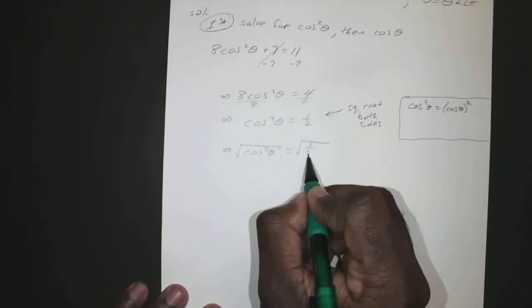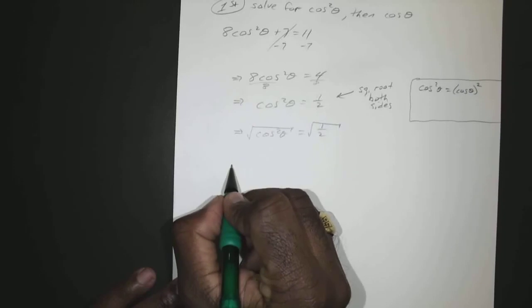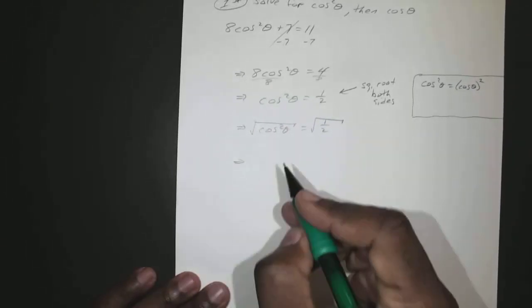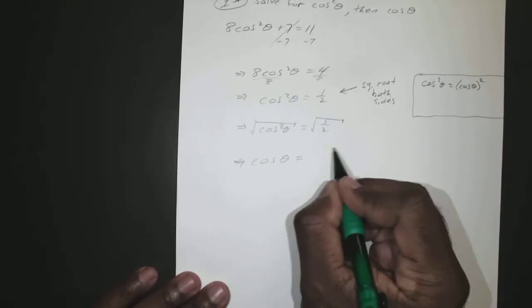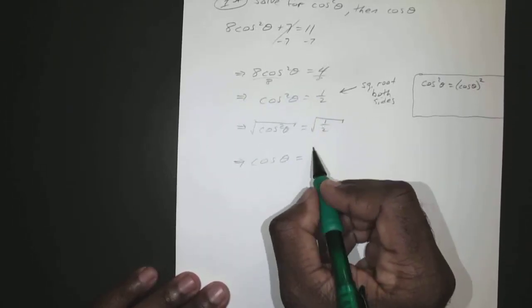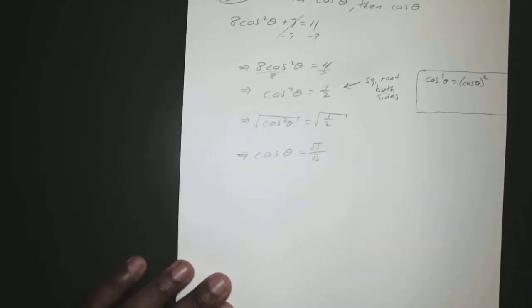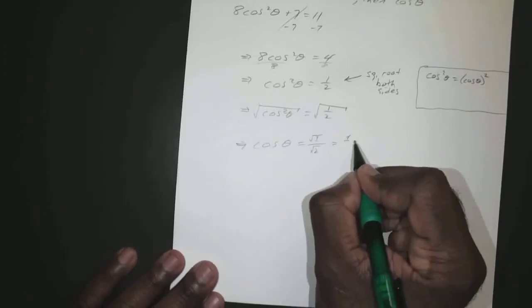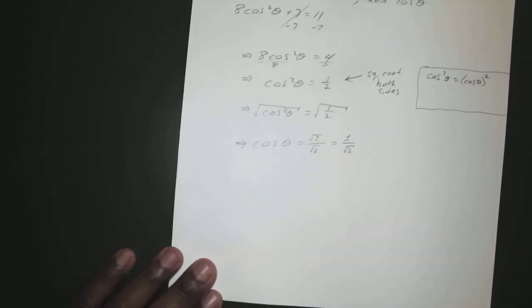You have the square root of 1/2. Here, the square and the square root cancel each other out. So you have cosine of theta equals square root of 1/2, or you could just say square root of 1 over square root of 2, which is just 1 over square root of 2.